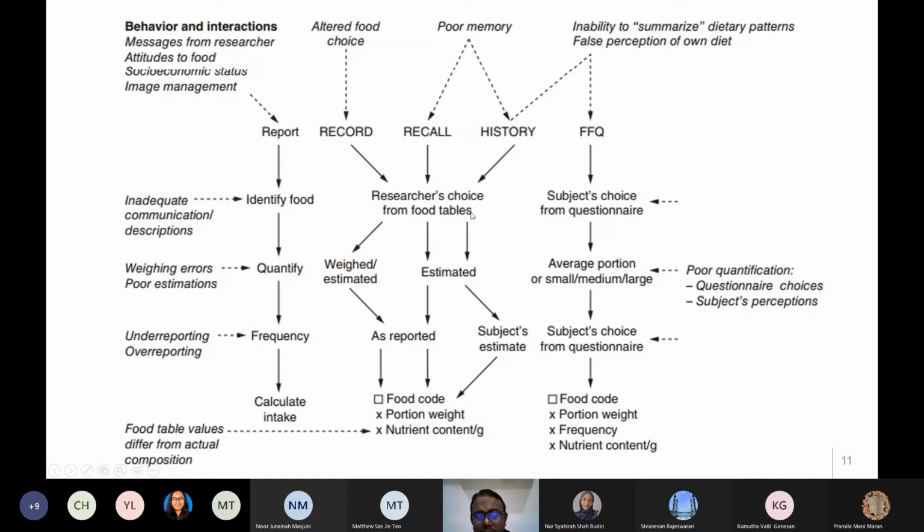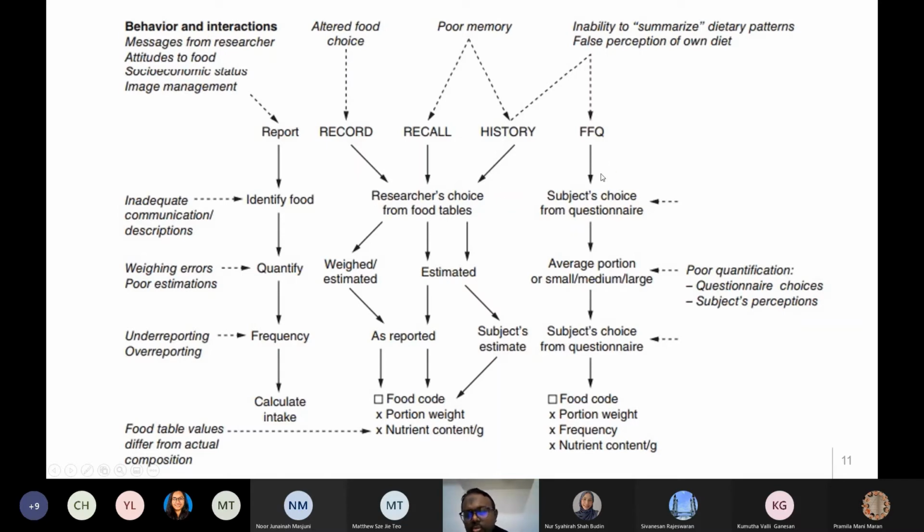So food tables here means our food composition table, yeah. For those food items that we recall and history, we have to choose which food from the food composition table. Like I've said before, some of the food might not be there, so we have to substitute with a new food. So it depends on the researchers from the food tables.